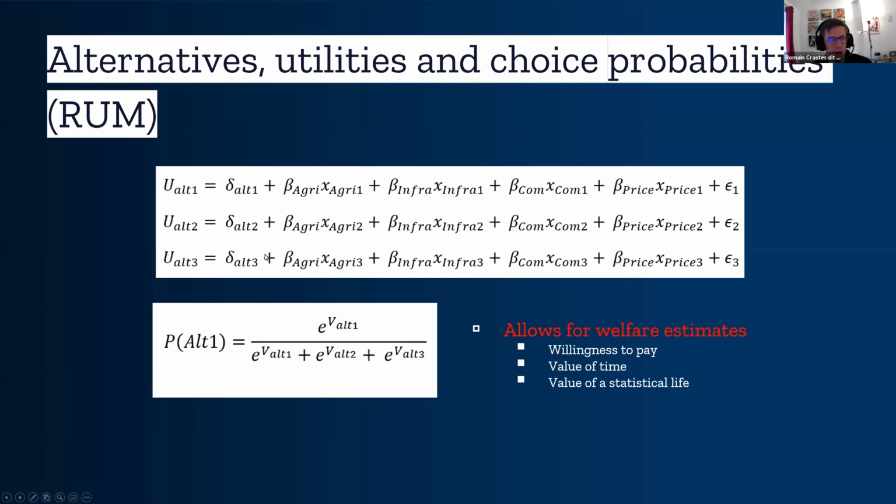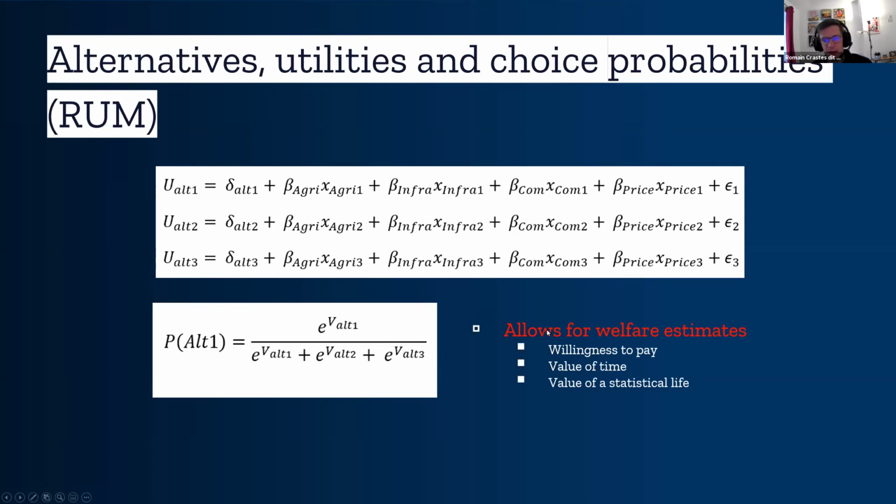One of the constants needs to be normalized to 0, usually the third one, which corresponds to the status quo. If you assume an error structure which leads to a multinomial logit probability, you can derive the probability of selecting alternative 1 based on the logit formula.